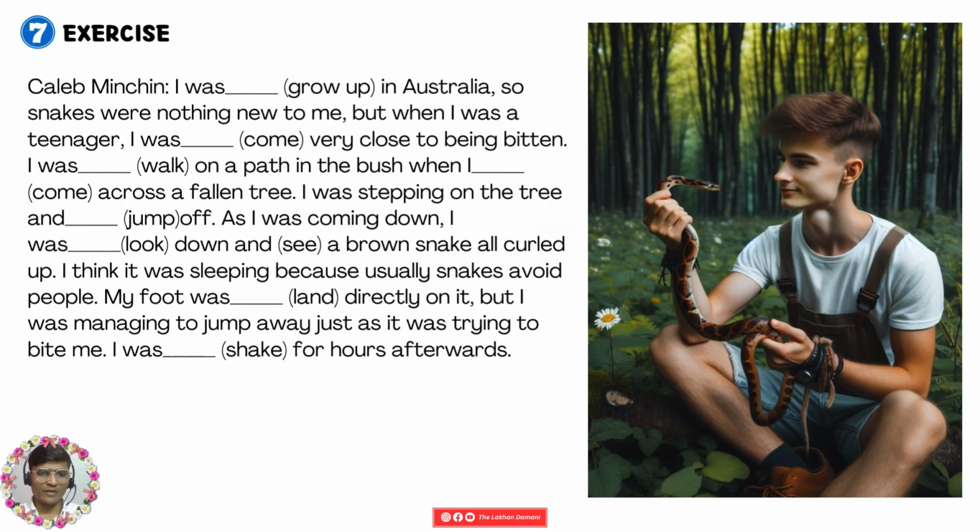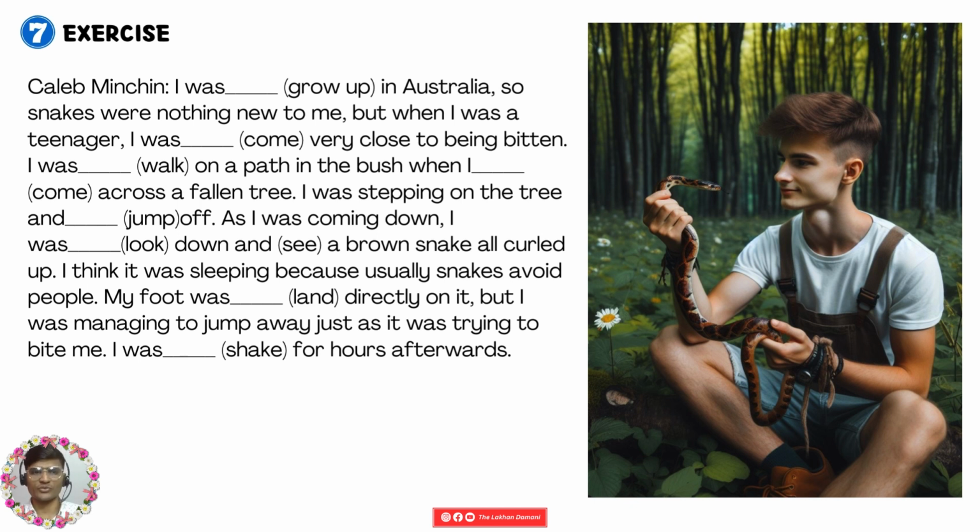And lastly, we have to focus here. What you have to do is this one, this column, this is about background story or story background. You're going to describe, but you have to put just -ing. I was growing up in Australia, so snakes were nothing new to me.